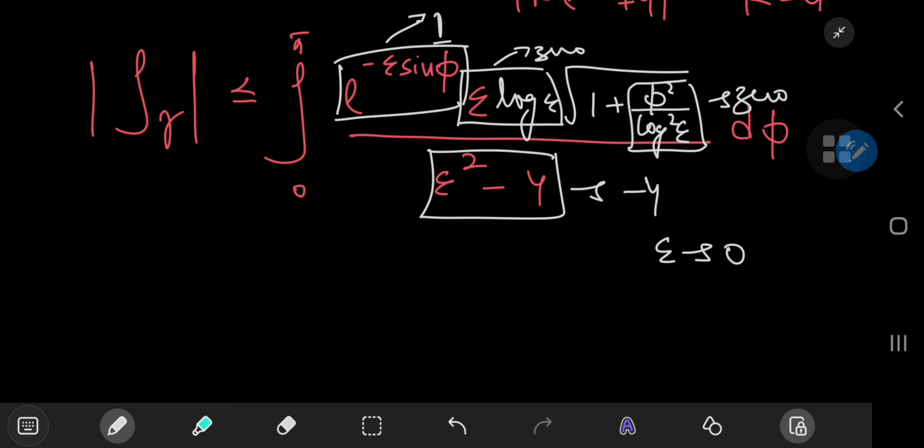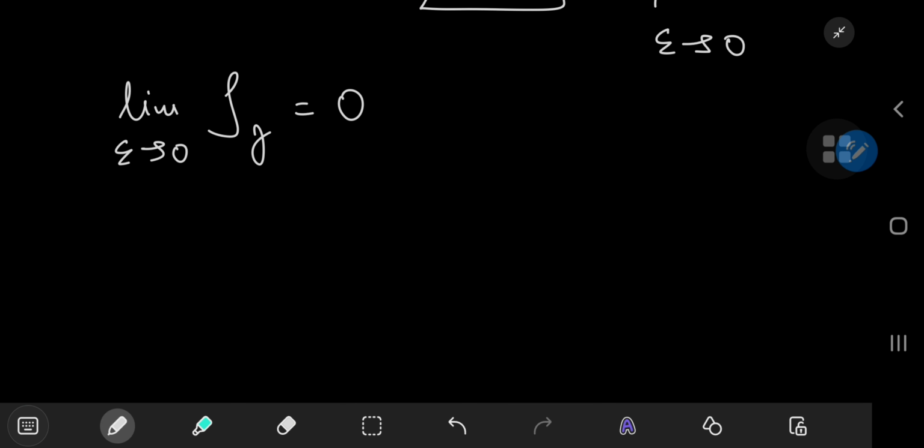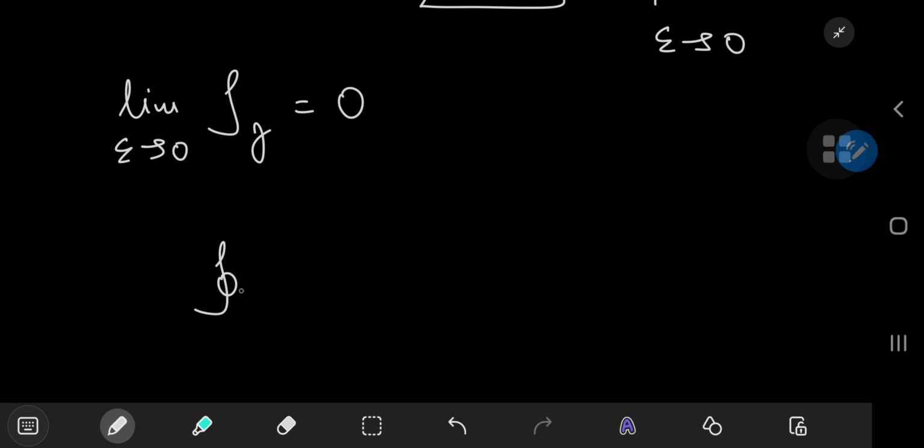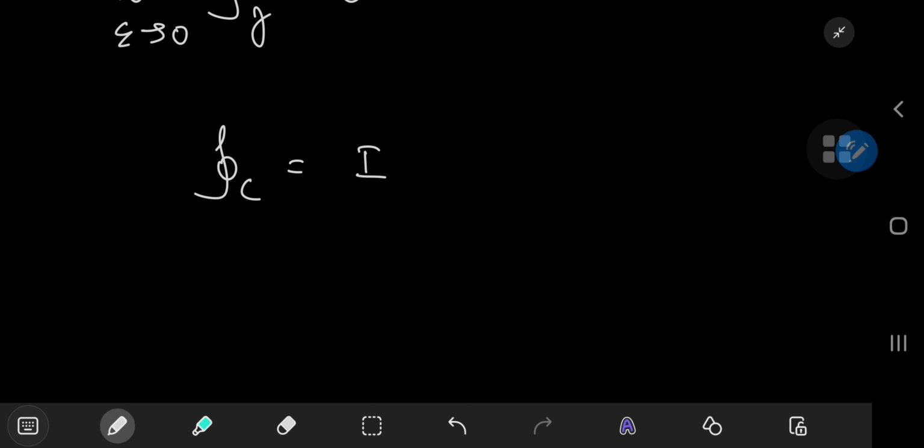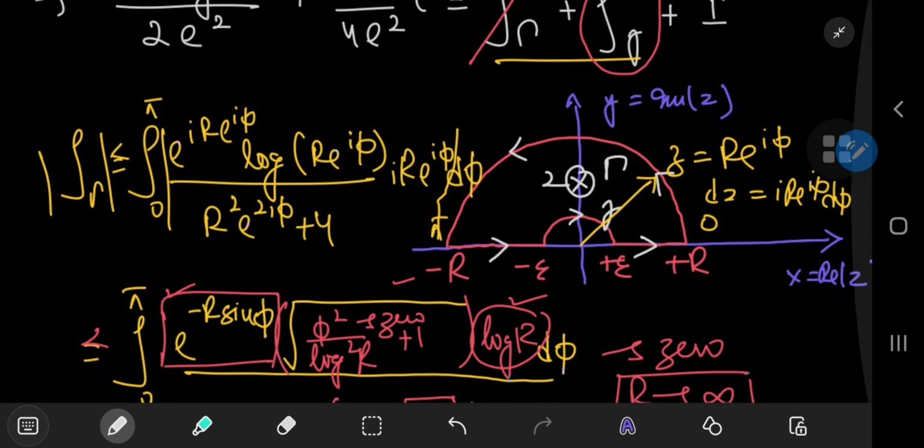So the entire thing collapses to 0 in the limit as epsilon goes to 0. So this is pretty cool. This is another relief. So we know now that the integral over the closed contour C equals our target integral I. And we also had something else with the target integral.